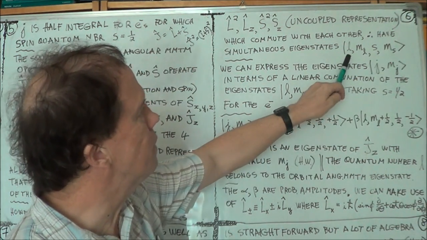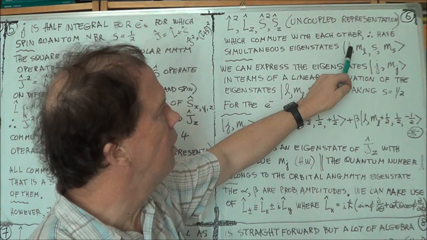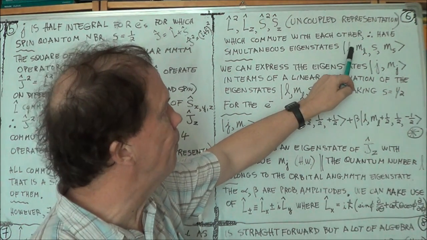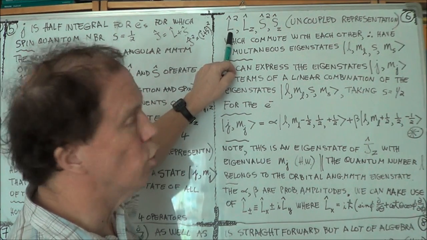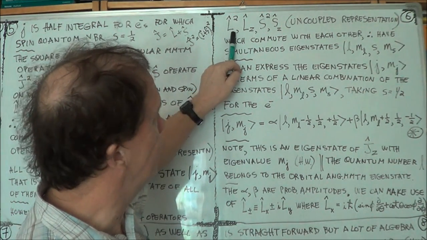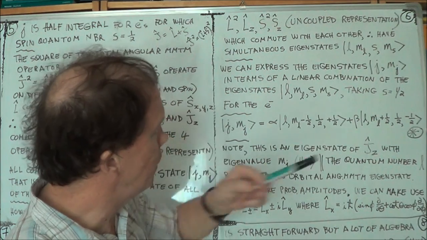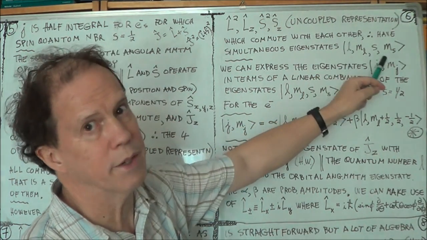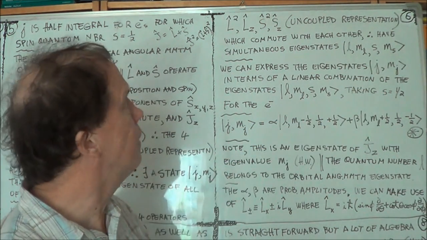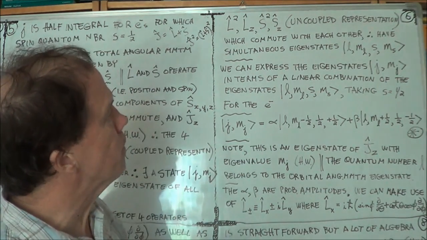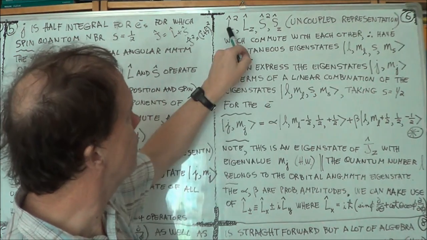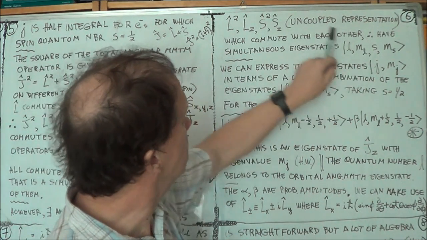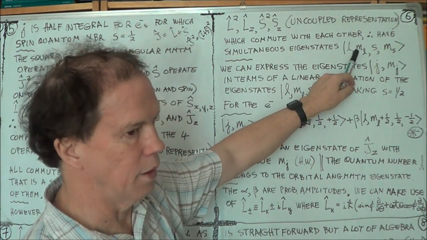Okay? So in this case, little l, that would be one of the eigenvalues of the orbital angular momentum. Right? So now you could have different values here, but that would be a different state, right? So this is one of the eigenvalues of this operator, and the ML, that's an eigenvalue.